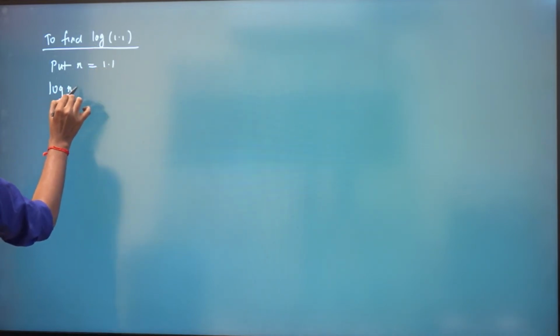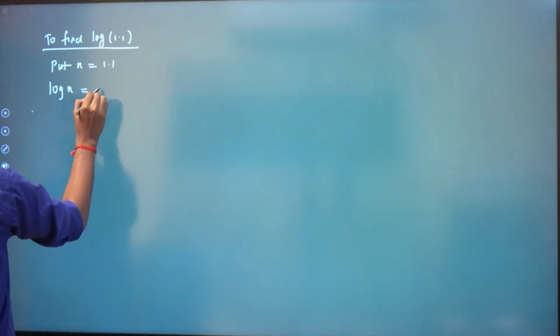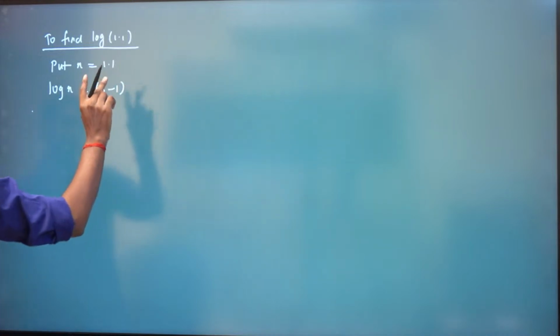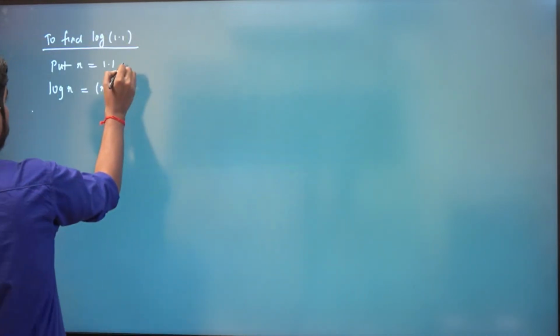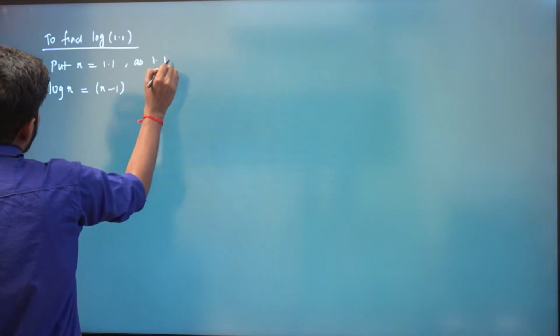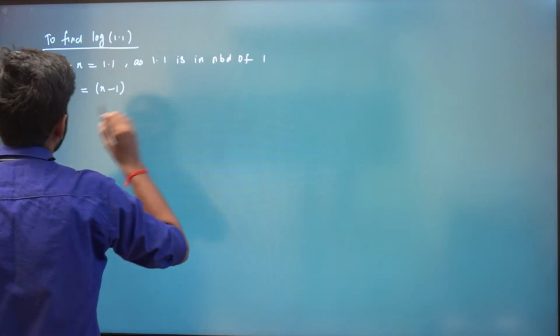See, 1.1 is in the neighborhood of 1, so that means I can apply this. 1.1 is in the neighborhood of 1, right?